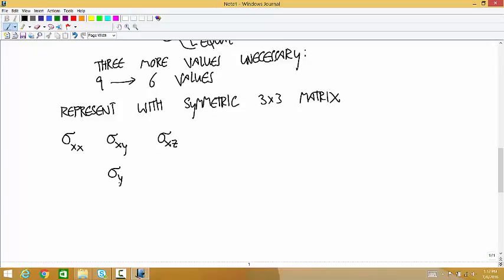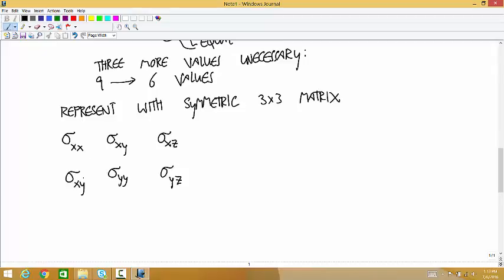In the middle we have sigma yy, and then symmetry says that, you would think following this pattern this would be sigma yx, but it doesn't have to be because of what we just figured out from the rotational equation, the moment equation. So we'll write this as sigma xy again. Yy and then yz.